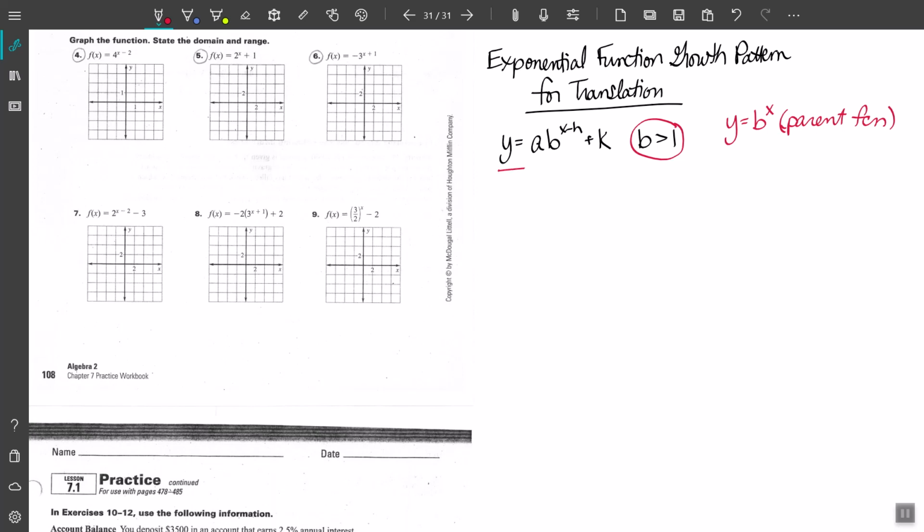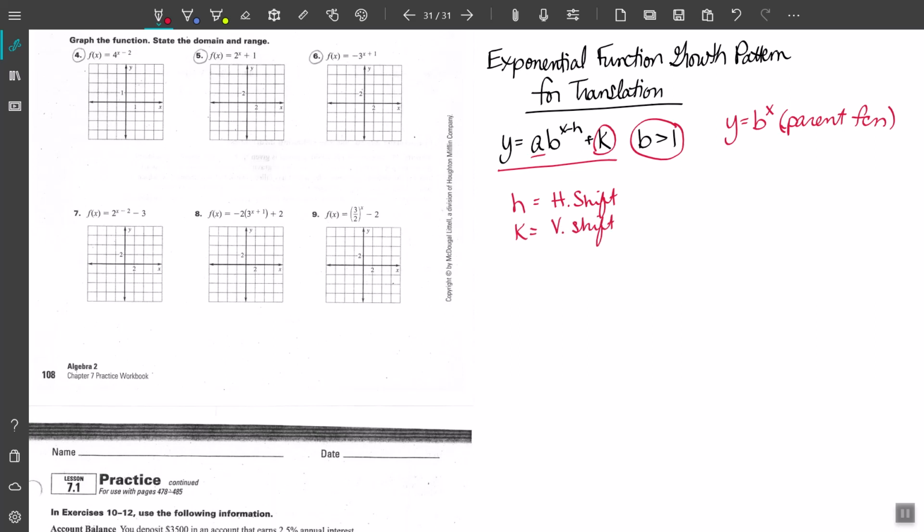This pattern right here is if we're going to translate at all. So remember, translating means shift. The h value, just like it has in all the other functions that we've done this year, shows you your horizontal shift. The k value is your vertical shift.